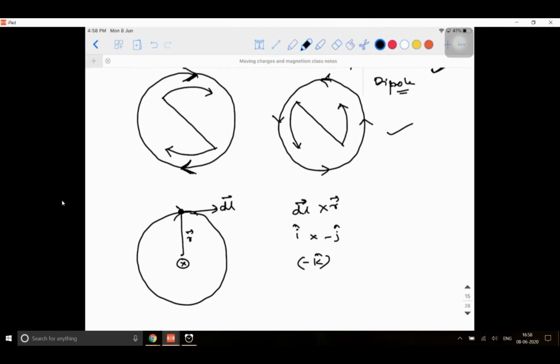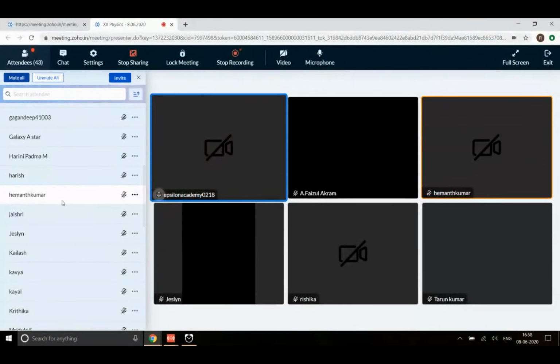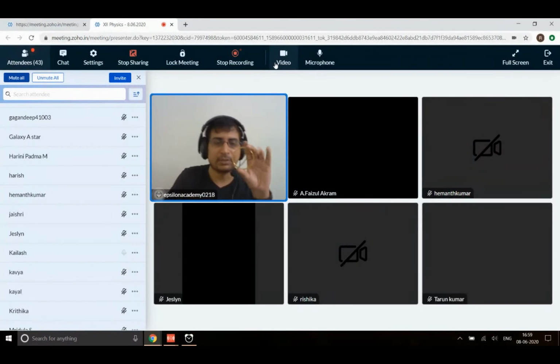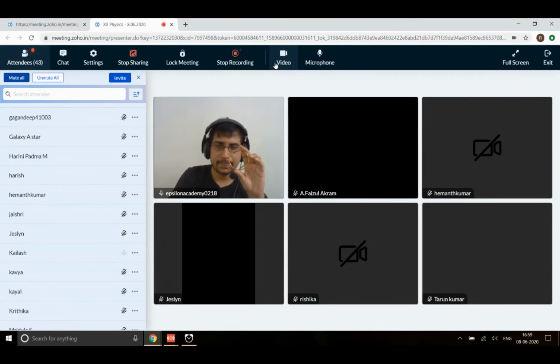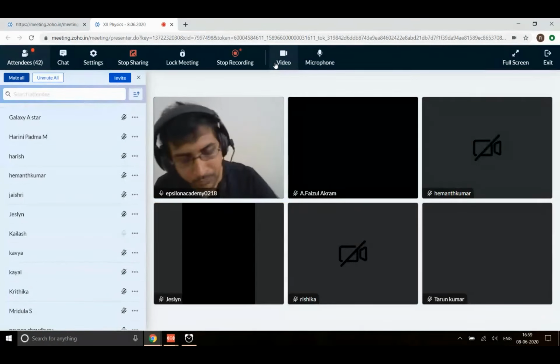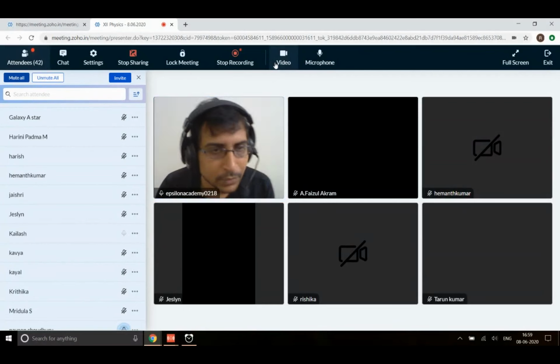This is the clockwise direction, and it is into the plane. Which pole out of the north or the south pole has the tendency to receive the magnetic field lines? The south pole. That is why I drew it as so. Yeah, that's the reason.